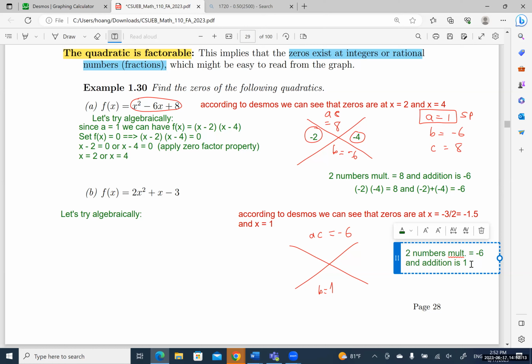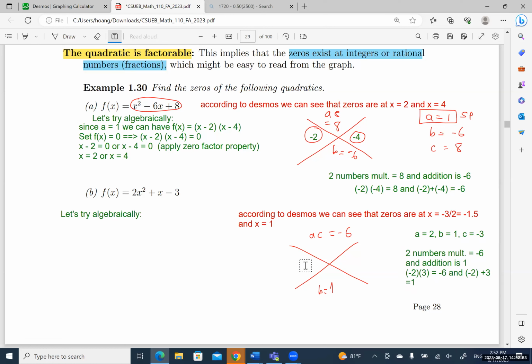Okay, so I'm thinking about using 2 and 3. Yes, I'm gonna say negative 2 and 3. So negative 2 times 3 is equal to negative 6, and negative 2 plus 3 equals 1.